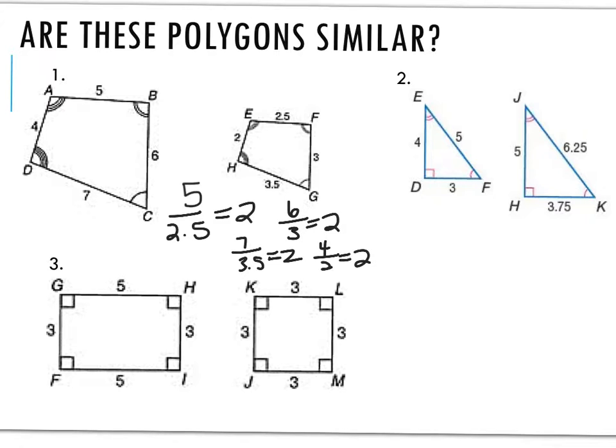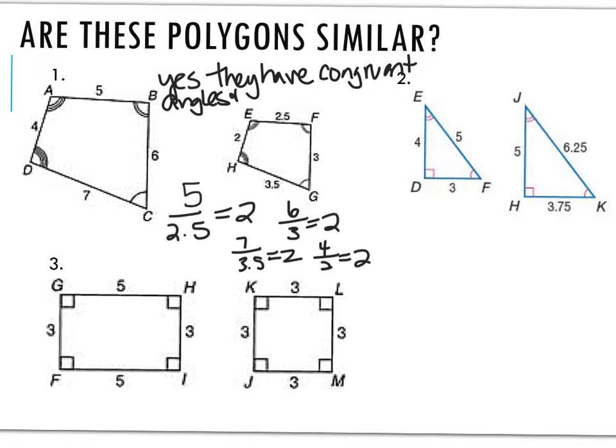Again, reducing that would be 2. So yes, these polygons are similar. They have congruent angles and proportional sides.